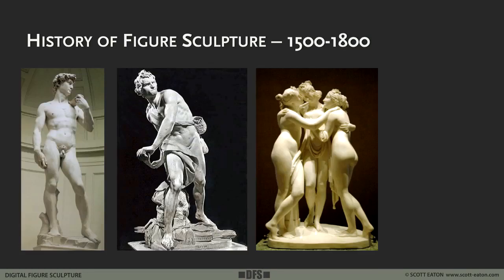But moving forward, we get to the stuff we've been waiting for, right? So bring on Michelangelo, bring on Bernini, and finally bring on Canova, a guy that hopefully some of you recognize. So this kind of takes us from Renaissance to Baroque, right here with Bernini. So David here and David here, two very different styles.